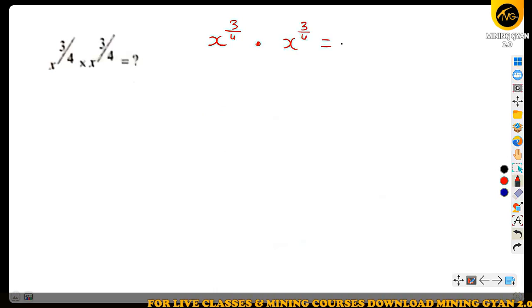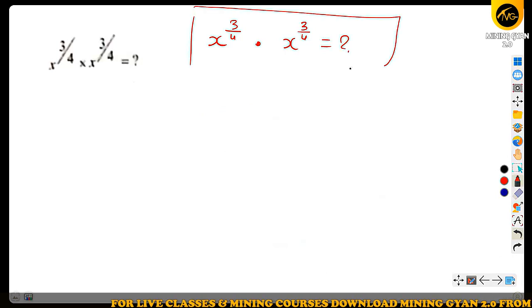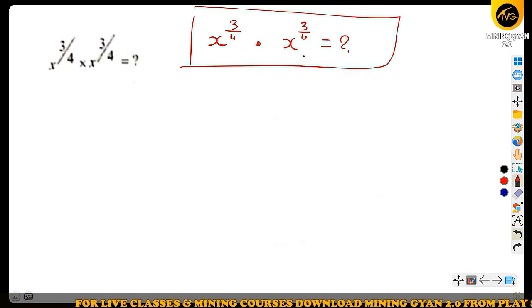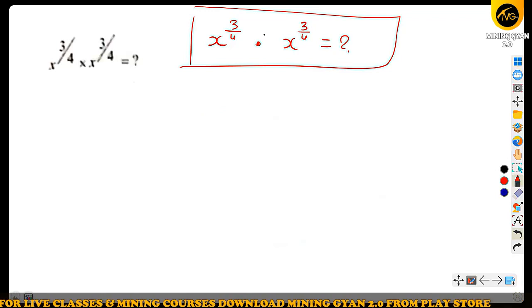So this is the question, x power 3 divided by 4 into x power 3 divided by 4. What is the value of this equation? Basically there is no shortcut to solve the indices answer. This is the basic calculation.